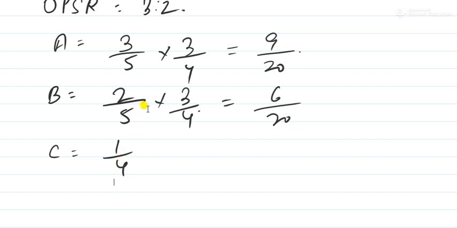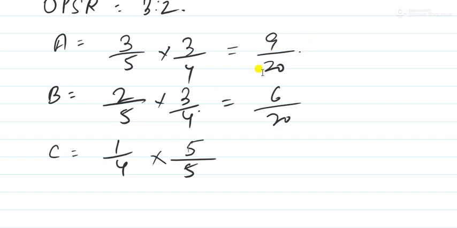To do that you multiply by 5, correct? 4 into 5 is equal to 20. If you are multiplying the denominator, you have to multiply the numerator also. Always remember one thing: when you are calculating the new profit sharing ratio and getting shares in different denominators, always try to make all three denominators the same.